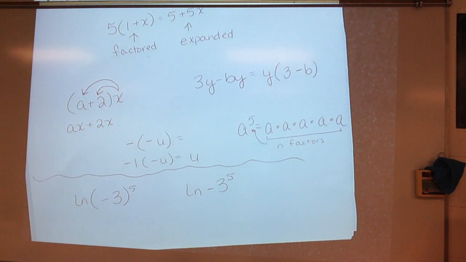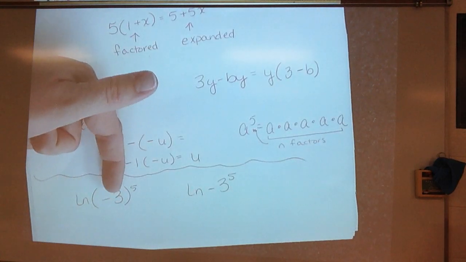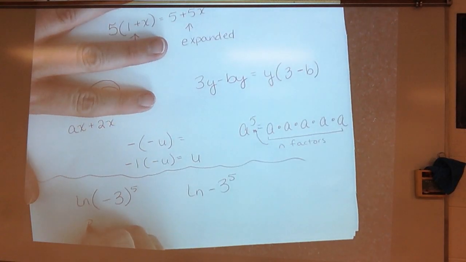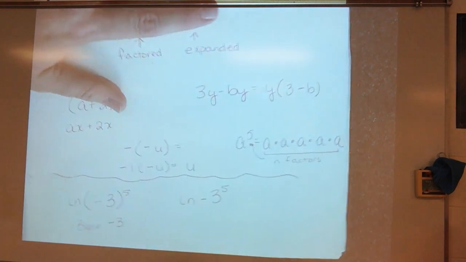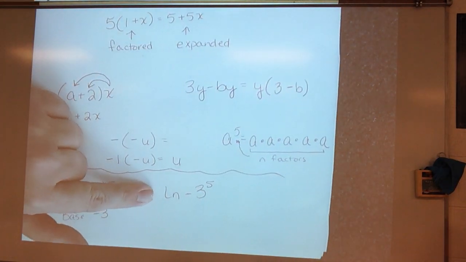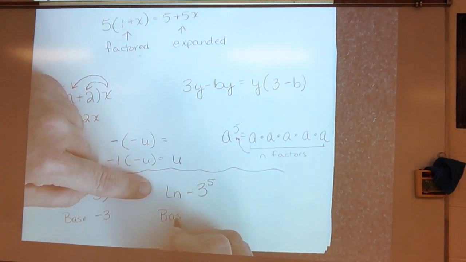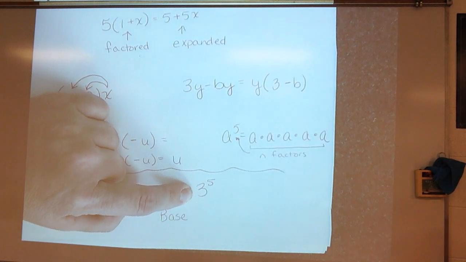Now, that parentheses is extremely important. The reason I say that is because if the negative sign is inside the parentheses, that means the base is negative 3. On this one, the base is not negative 3 because the negative part is not being done 5 times.